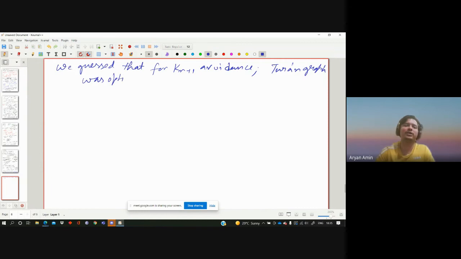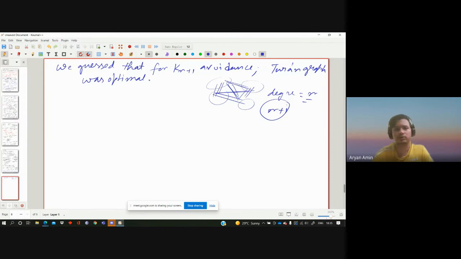So convince yourself that the way the Turan graph has been defined, it can never have an R+1 clique, because you have just R partitions, and you are drawing all possible edges between them. So every vertex has degree... sorry, okay, I messed up.